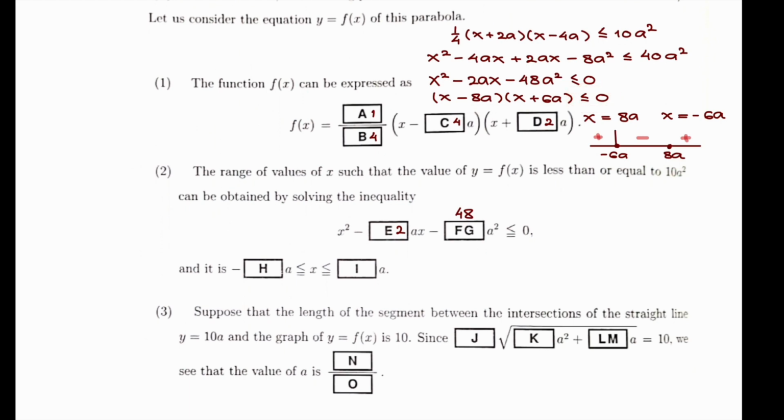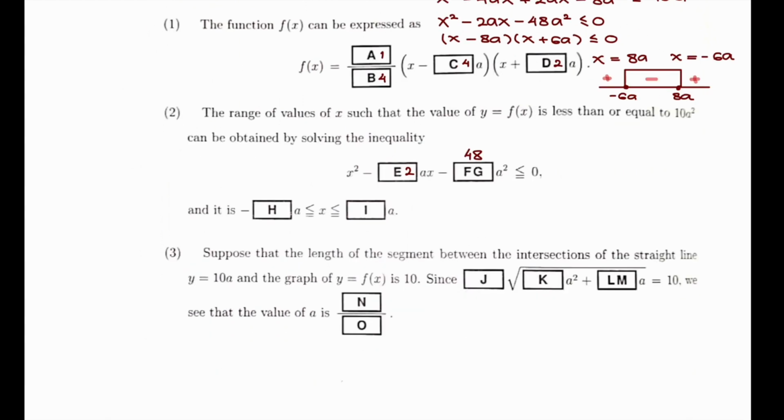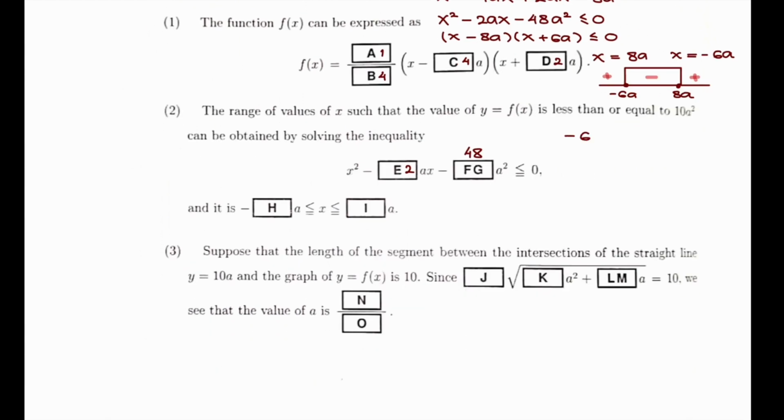So this is my solution. From this number line, as you can see, my solution is negative 6a less than or equal to x less than or equal to 8a. That means h is 6 and i is 8. 6 here and 8 there.